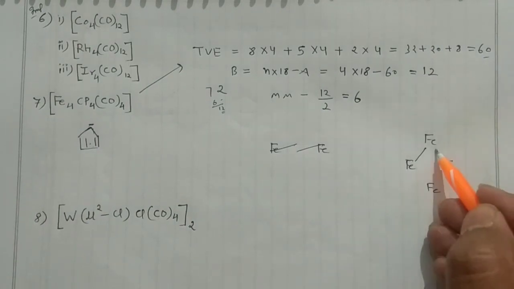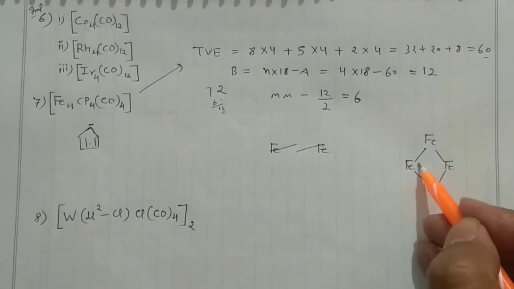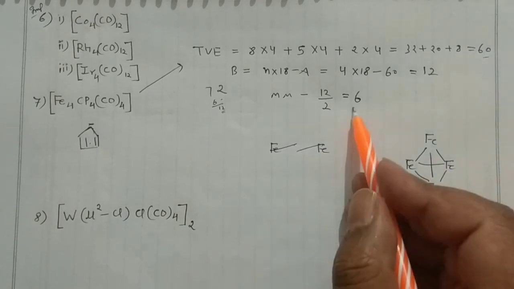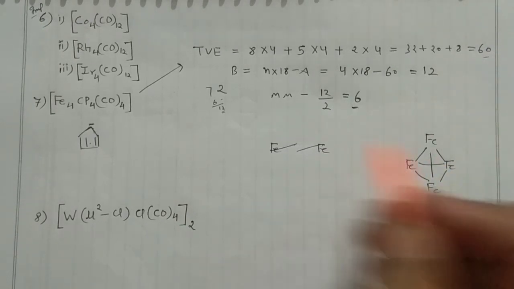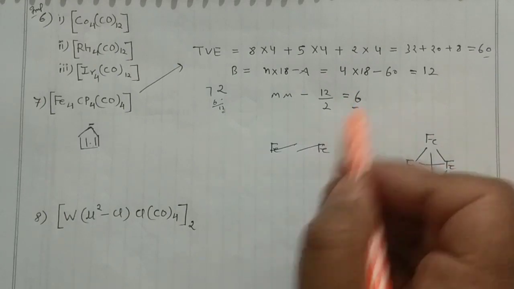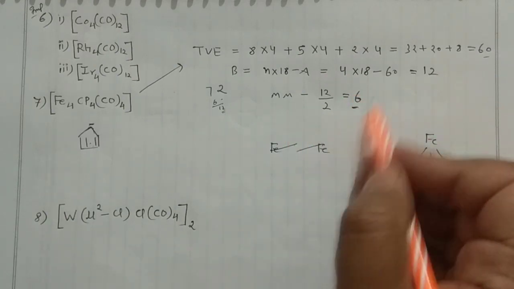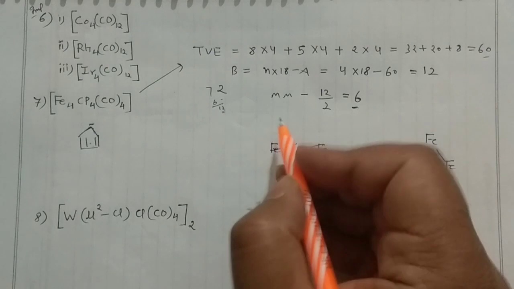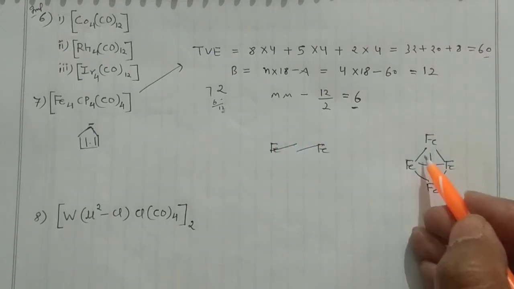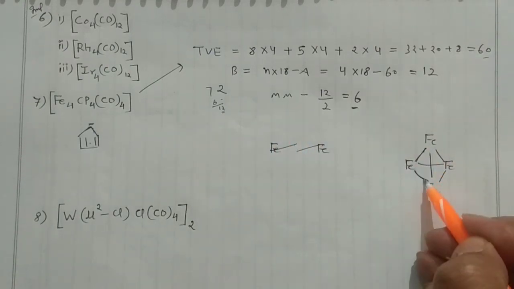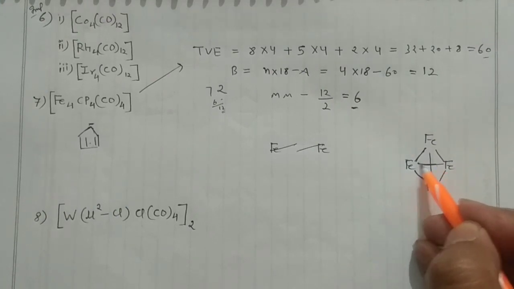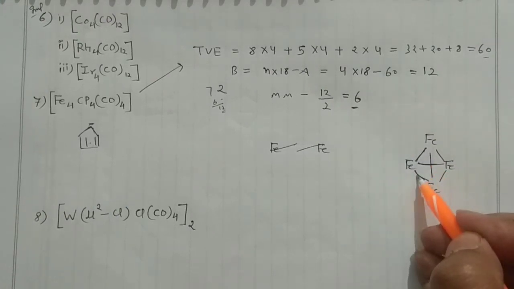So 1, 2, 3, 4, 5, 6. 6 bonds are there. So metal bonds per iron: per iron you can see 1, 2, 3. Per iron there are 3 actually.